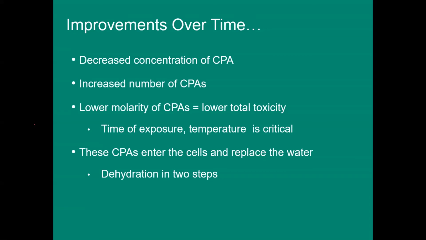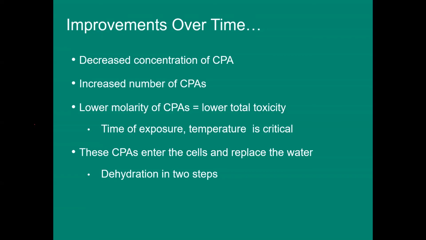So you can spend more time with lower concentration. That allows the cells to be dehydrated properly before the rapid dehydration and before being exposed to high concentration of cryoprotectant.